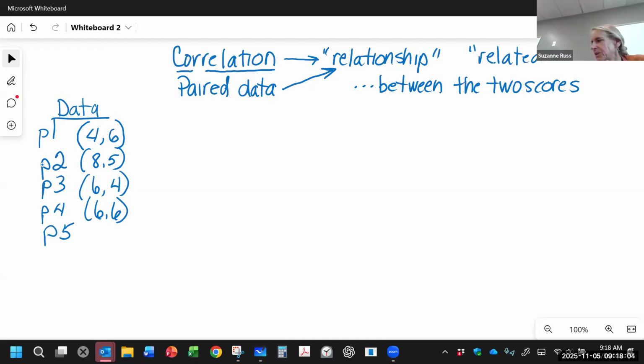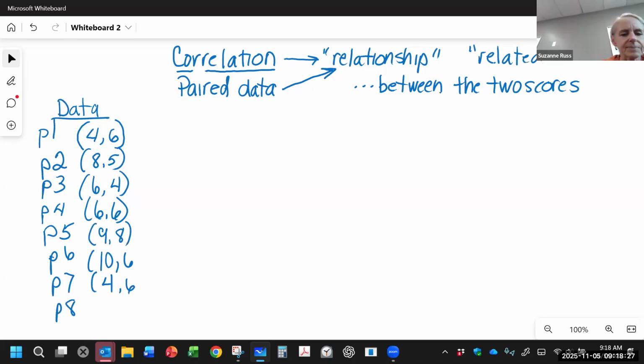Okay, I've got a 9 and an 8. I've got a 10 and a 6. I've got a 4 and a 6 and a 5 and a 6. So a lot of times when you're gathering data, you'll see these are coordinates.